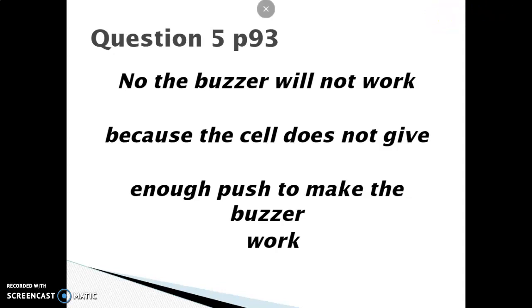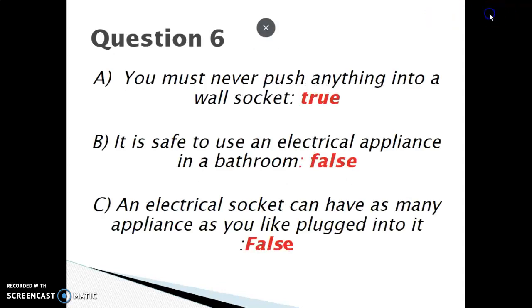Okay, we go to question number 6. Which of these statements are true and which are false? A. You must never push anything into a wall socket. If you remember in the last lessons.